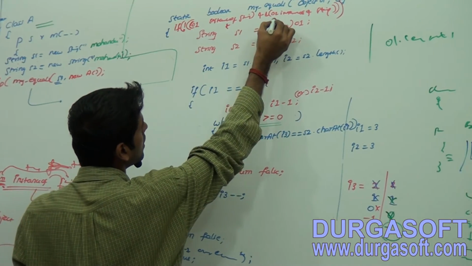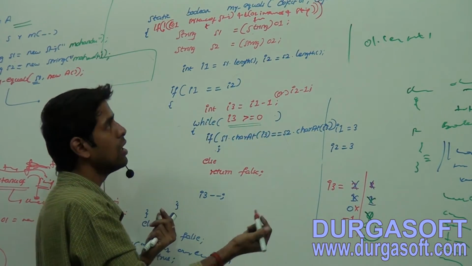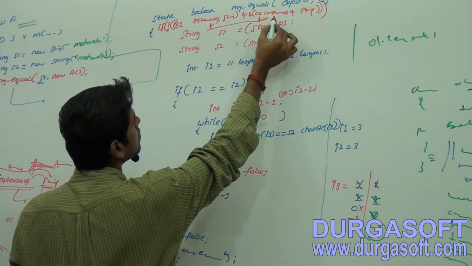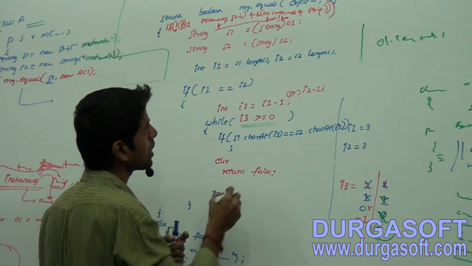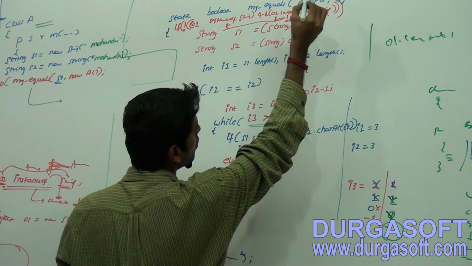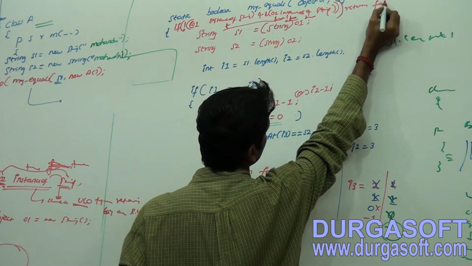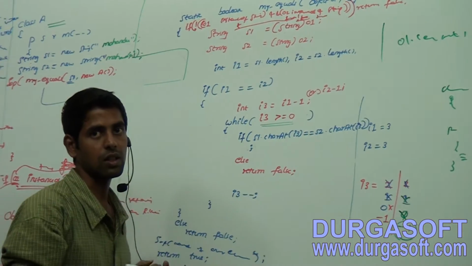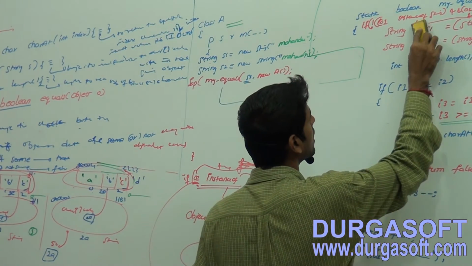True, and this one will return what? False. False and true is what? False only. So the resultant value will be false here. To that I am applying the Boolean complement operator. It will give what? True. If it is true, it will return false. Both are different, mister. Getting? Return false.